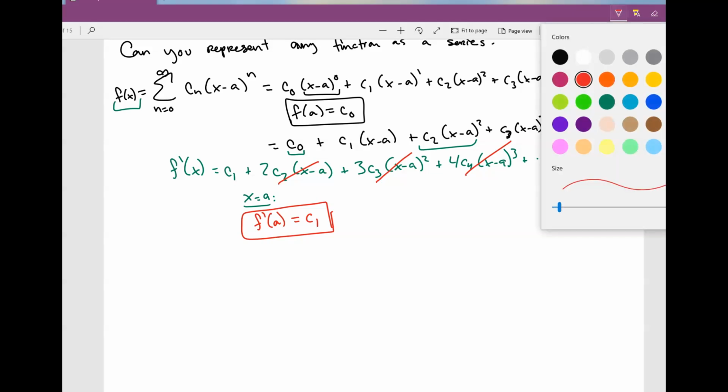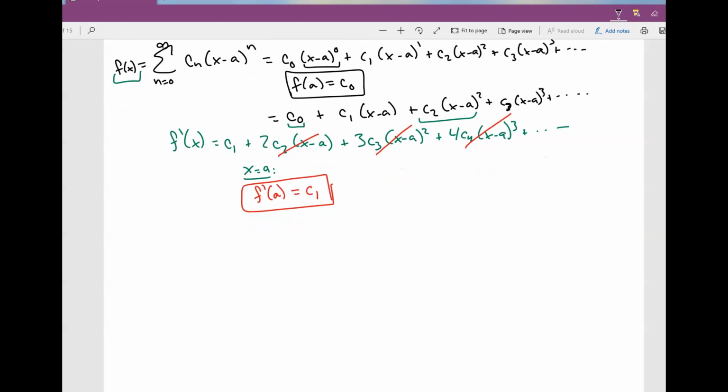Okay, so let's take the second derivative. The derivative of c1 is just going to be 0. Then I'm going to take the derivative of the following one. It's going to give me 2c2. Then the next one, I'm going to move the 2 over, so I'm going to have 3 times 2, c3 x minus a to the power of 1.